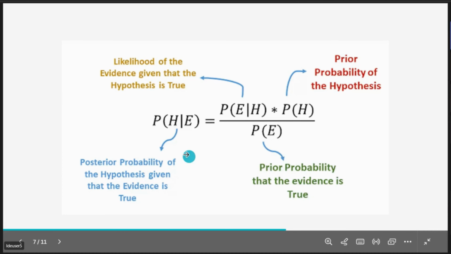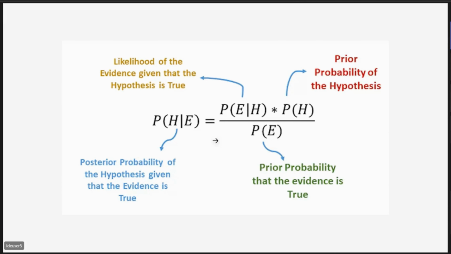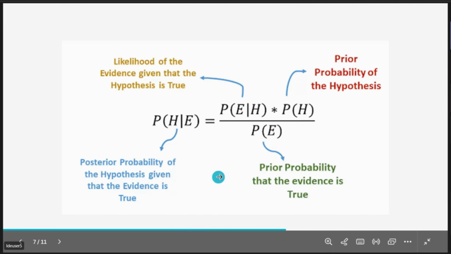You will replace H and E with whatever values you are using and apply this formula, and the result that you get will tell you the probability. Whichever class gets the maximum probability, you are going to assign that class.